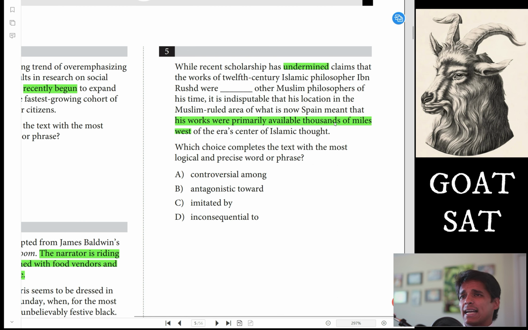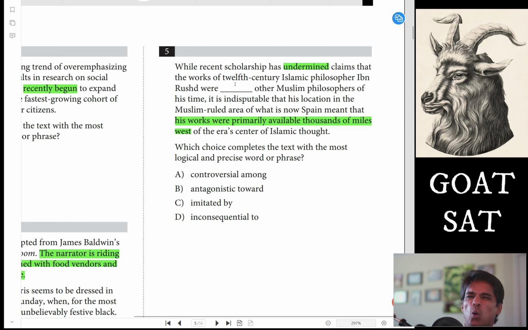So we're thinking of an idea that leads to whatever is being presented in the second half of the argument. Here, it says that his works were far away from the center of thought. This is really interesting because you have to read into it that it's trying to tell you that it's unimportant.